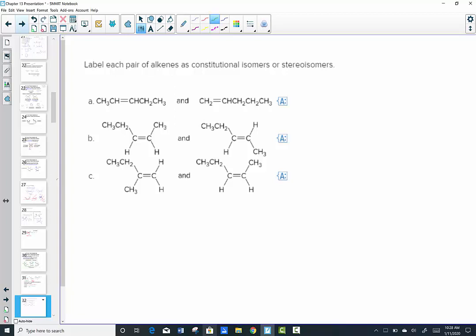So just think about that. What I'm saying is different connections are constitutional isomers; stereoisomers have same connection, but you'll see a cis-trans conformation.